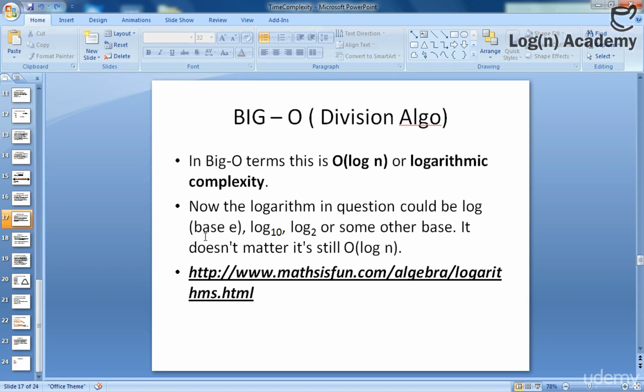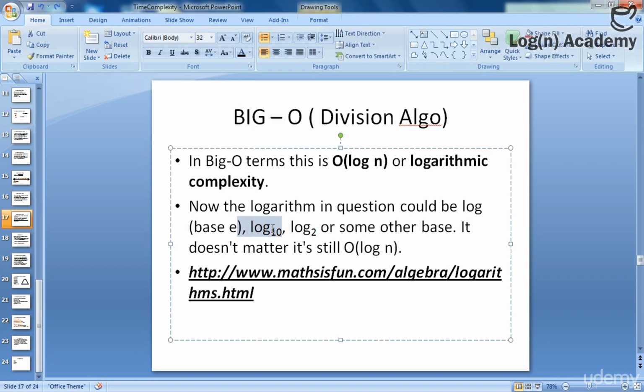Normally when you are working with your calculators, the base of the logarithm is 10, but in computer science, in binary search or this kind of search, we assume that the base is 2.